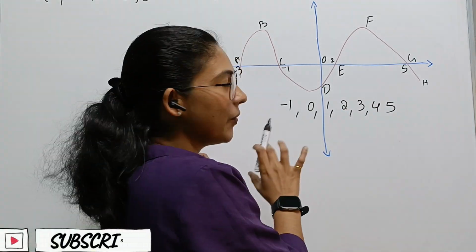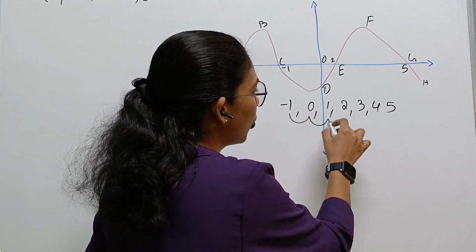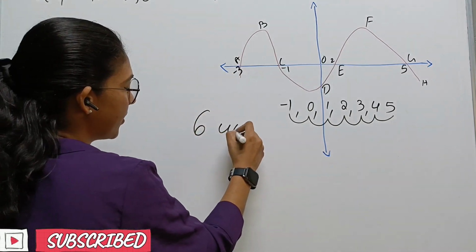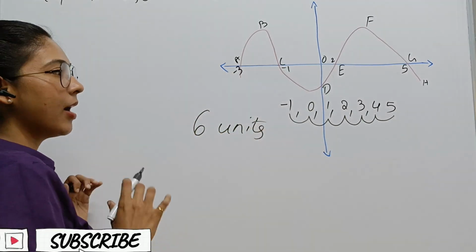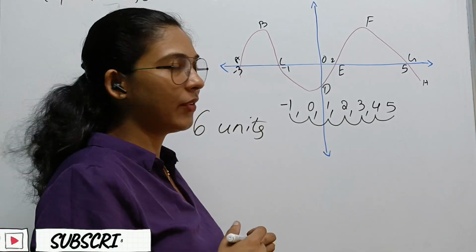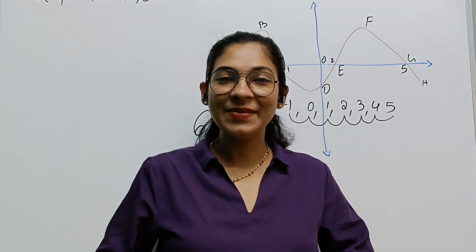We have to calculate the distance like this: 1, 2, 3, 4, 5, 6. 6 units is the distance between C and G. Okay, we can easily find it out. So that is the answer.